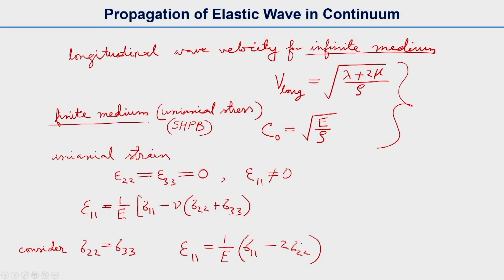So then the earlier expression will be epsilon 11 equals 1 by E times sigma 11 minus 2 times Poisson's ratio multiplied by sigma 22. We have removed sigma 33 and we are writing in terms of only sigma 11 and sigma 22.